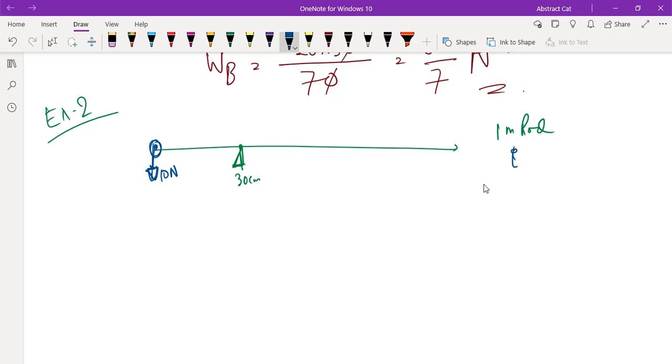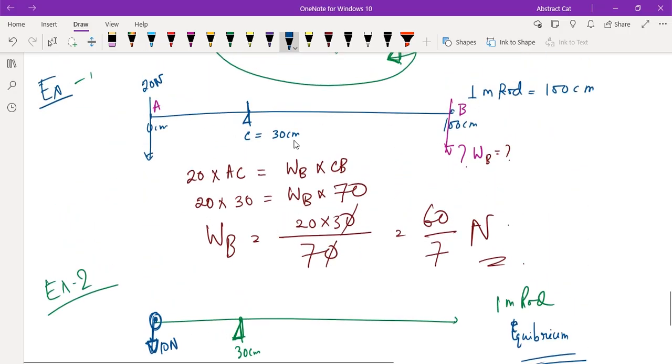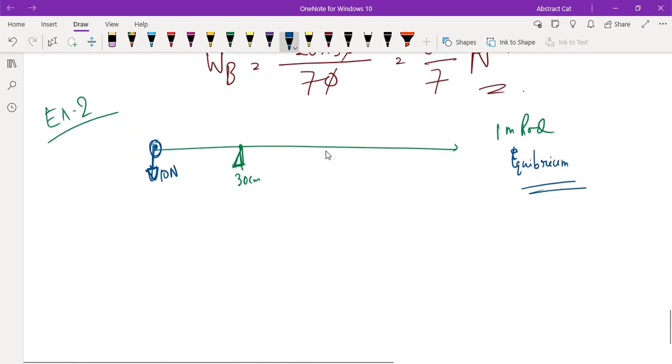Equilibrium means they balance each other. So what is the weight of the rod? Calculate the weight of the rod.